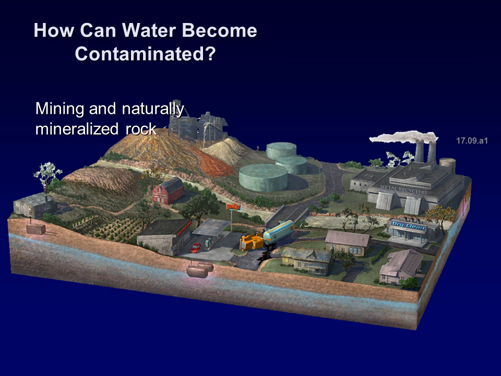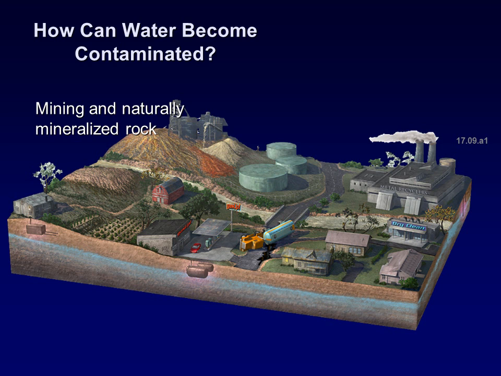Mining in naturally mineralized rock, meaning the process of mining requires all sorts of chemicals. A lot of times rocks have to be dissolved in acid to get to the actual material that you want in the rock. So those materials associated with mining can become contaminants, and sometimes what you're mining itself can be a contaminant.